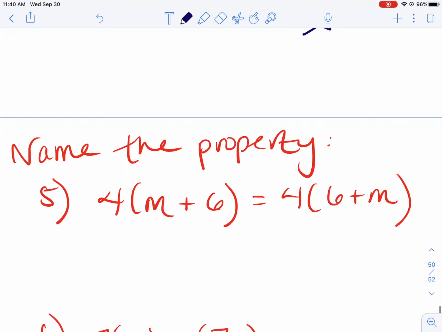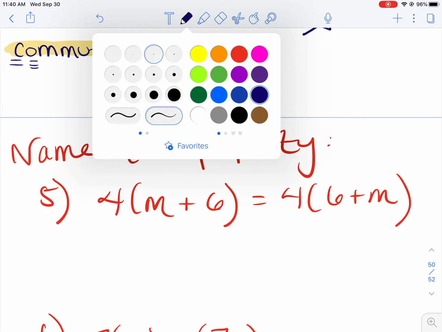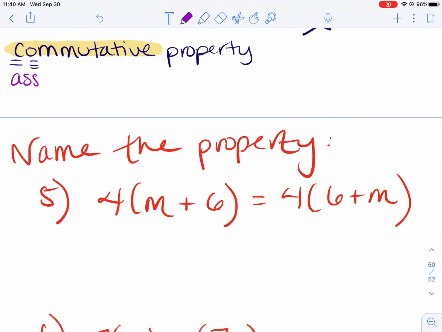Okay, and then last but not least, we're going to just do a little review of properties. So I just want to remind you, we have a couple important properties. Commutative property. And the trick with commutative property is we are going to remember to change the order. So if you see the little C and the O, change order. We have associative property. And the trick with this is we remember the parentheses are moving.